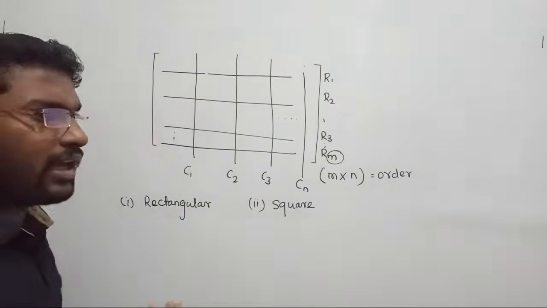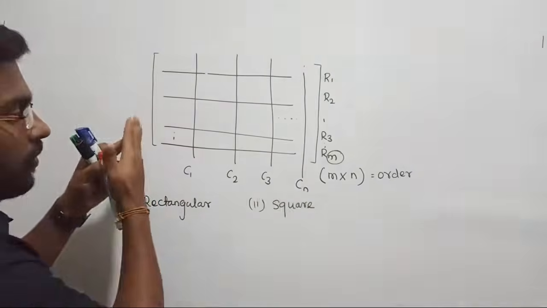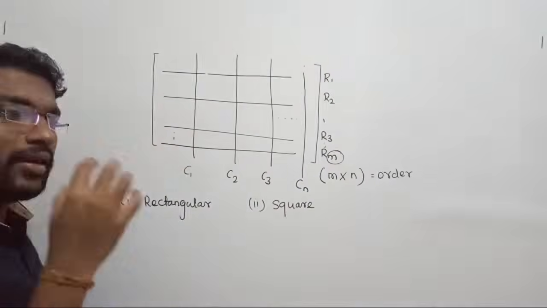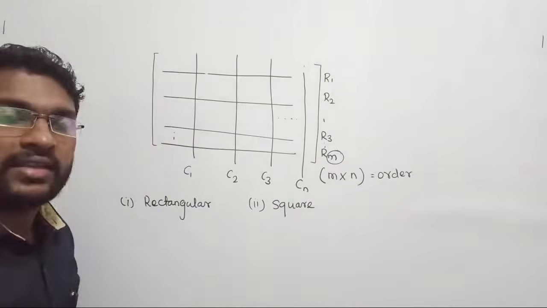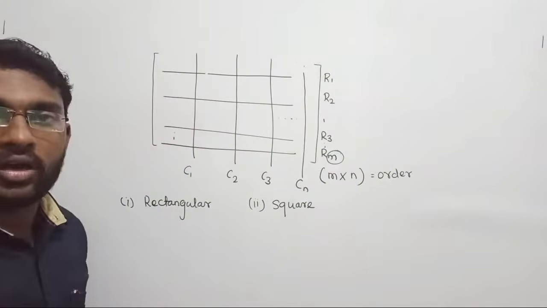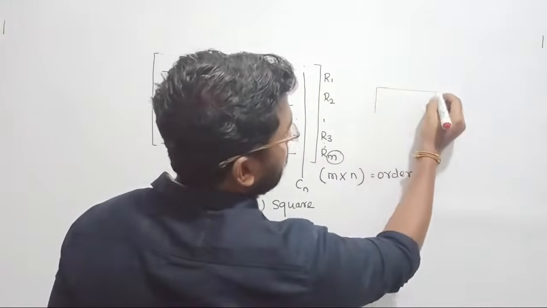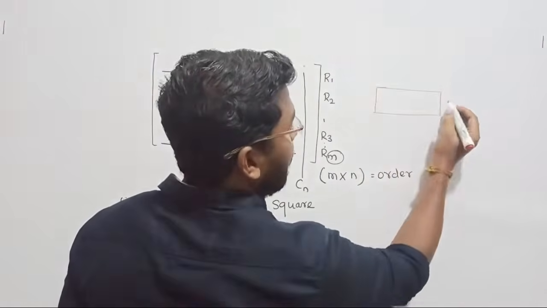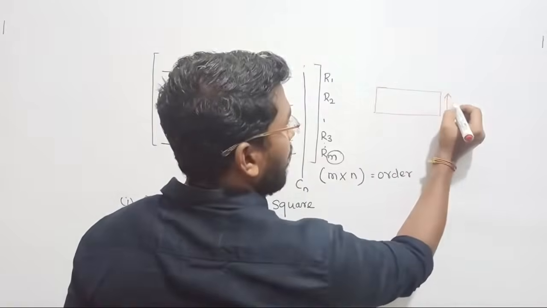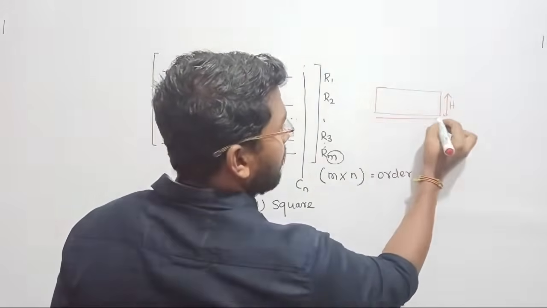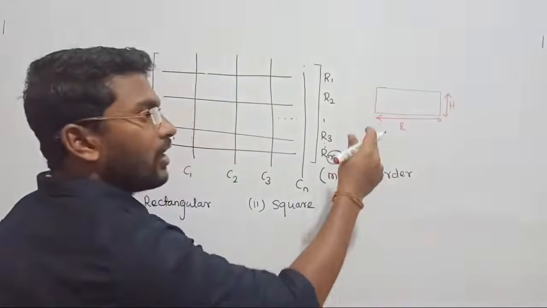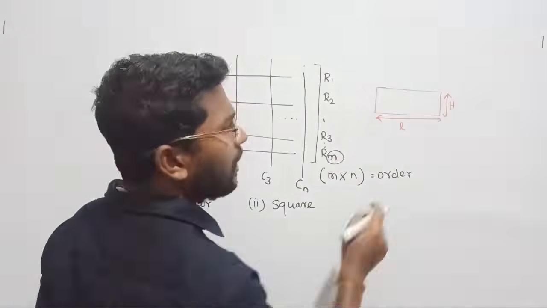We all know a rectangle is the product of breadth into height. Do you agree? Yes. But in a rectangular matrix, whether your breadth and height are equal or not, no. When we take a rectangular box, its length and height are not equal. For example, if your height is h, then your length is l. If both are different, that is called rectangular.